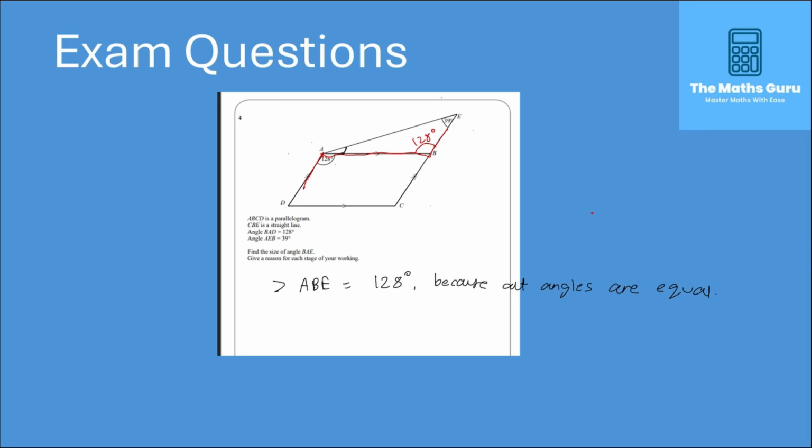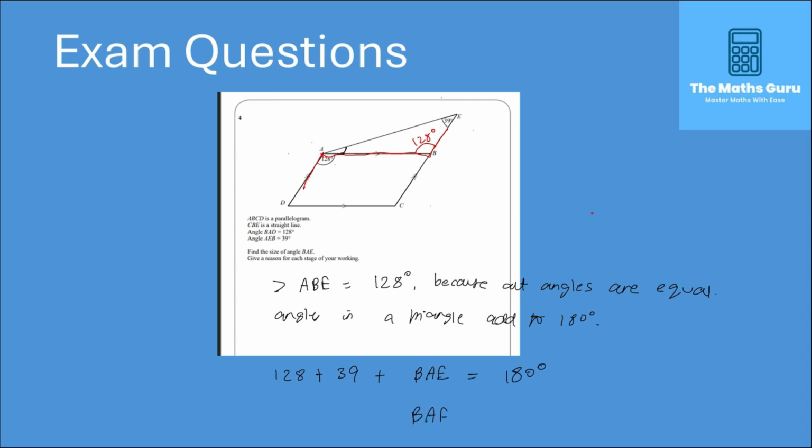Okay, and we're told to find the size of angle BAE, and we know that angles in a triangle add to 180 degrees. Hence, 128 plus 39 plus our BAE is equal to 180 degrees.